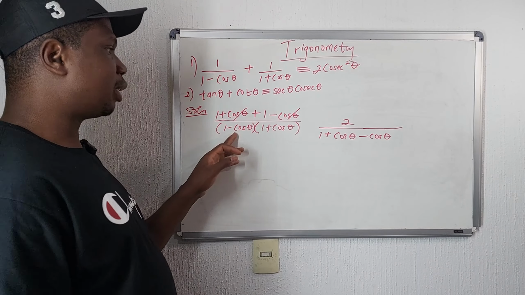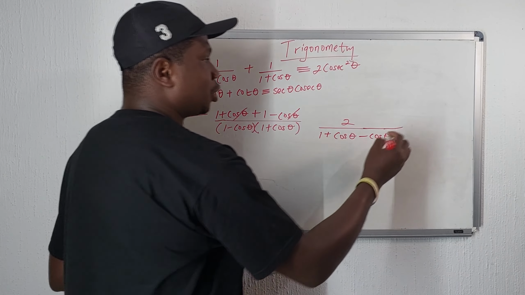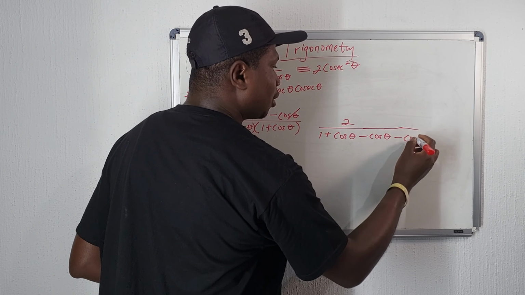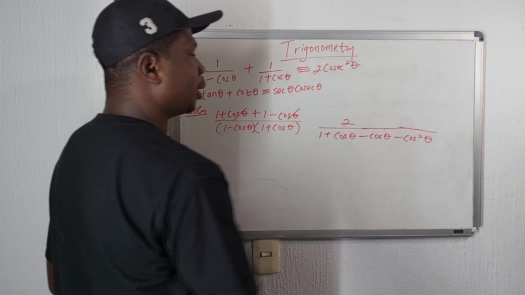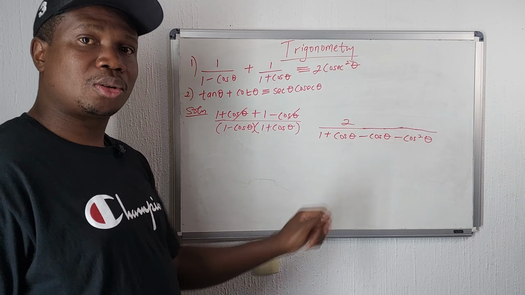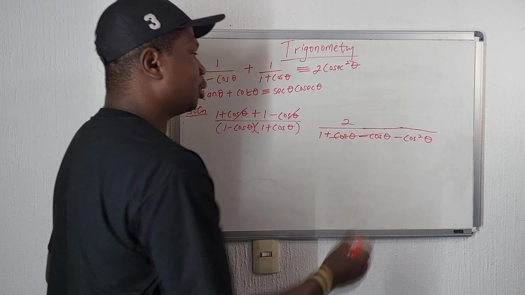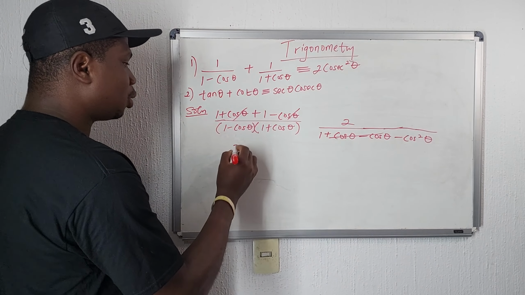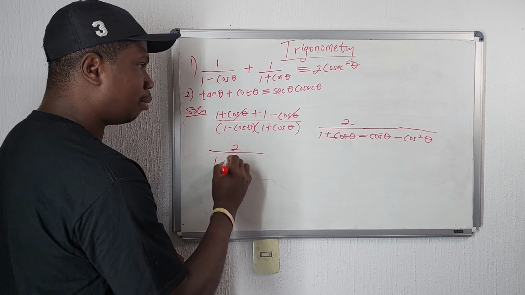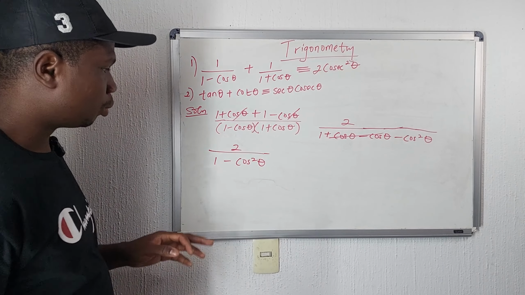Then minus cos theta times plus cos theta is minus cos squared theta. So we can see that the plus cos theta and minus cos theta cancel out. So we're left with 2 over 1 minus cos squared theta.